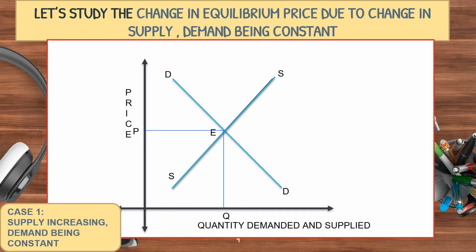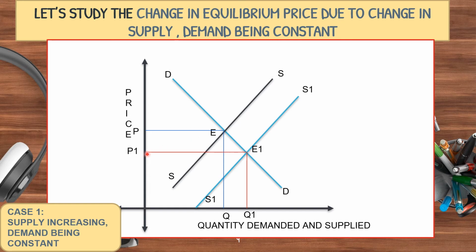Now we will study case 1, that is when supply increases, demand being constant, what happens to equilibrium? As you can see, the supply curve has shifted forward. There is a new supply curve S1S1, and this new supply curve S1S1 intersects the original demand curve at a new equilibrium point E1.